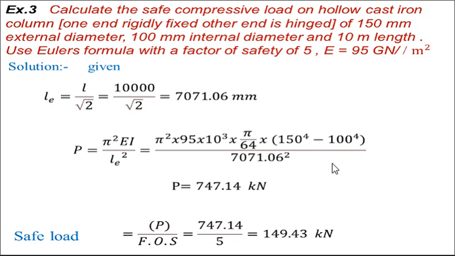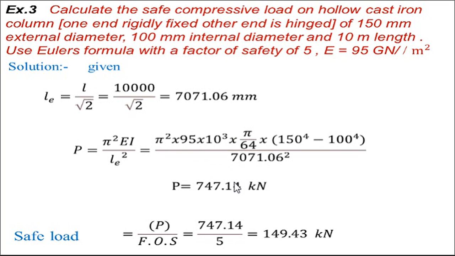For a hollow circular column, I minimum is pi by 64 times external diameter raised to 4 minus internal diameter raised to 4, and the effective length we determined is 7071.06. So now you just do the calculation and you can determine the value.